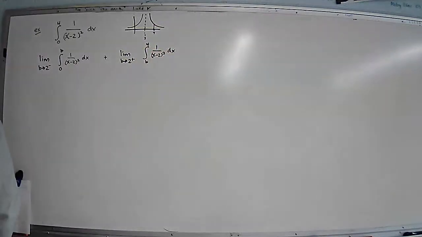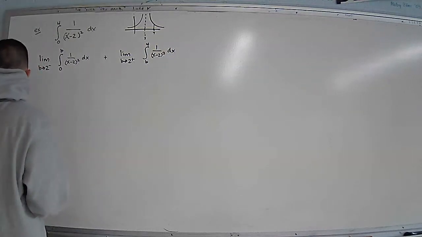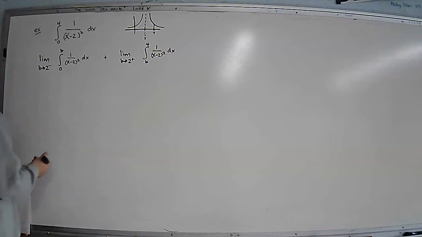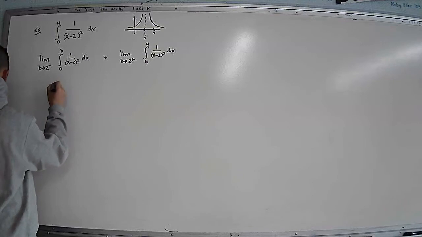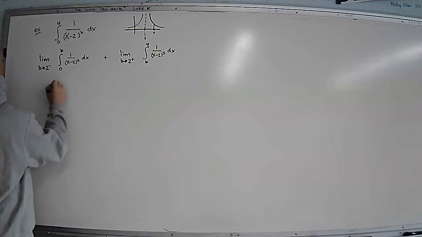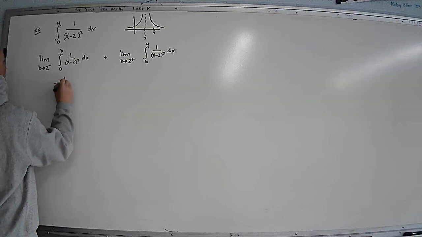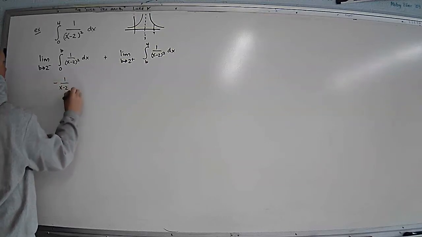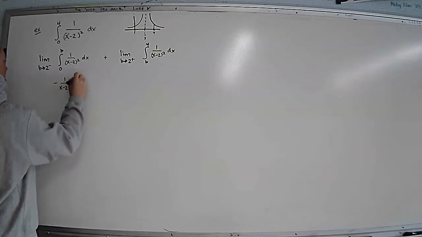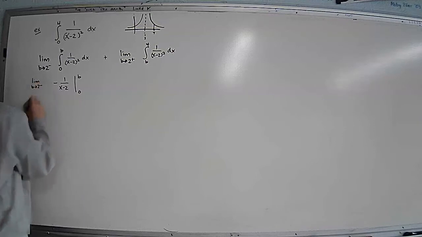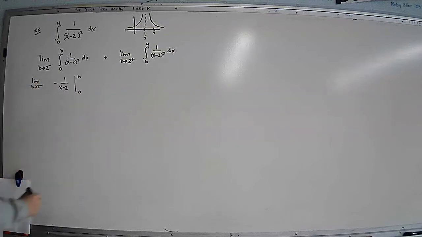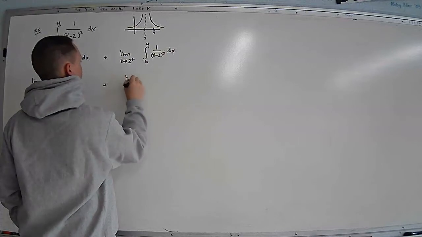And then we just go ahead and compute them just like we did the ones yesterday. Okay? So we find the antiderivative. So this is negative 1 over x minus 2. We'll evaluate that from 0 to b. And then over here, we'll just do the same thing.